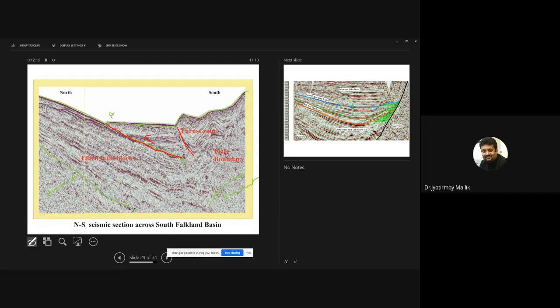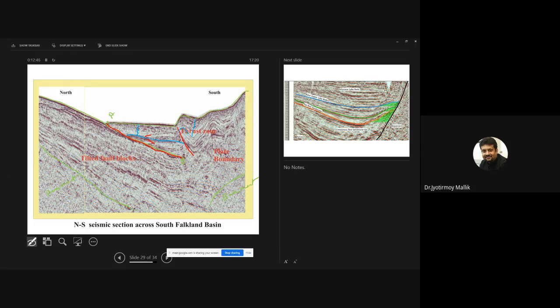So now if I try to draw some horizons, if I try to draw some reflectors, so maybe this distance is the same as this distance or more.